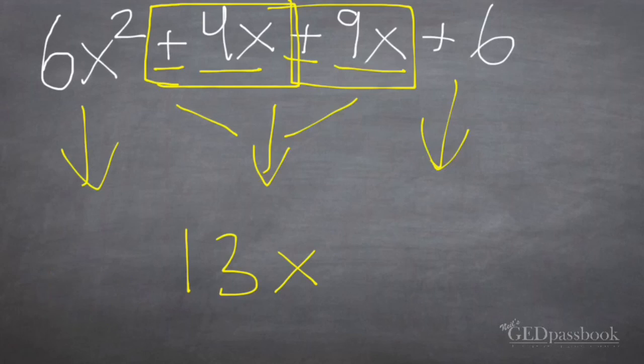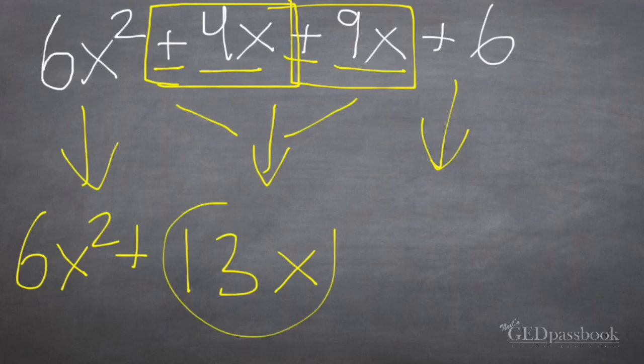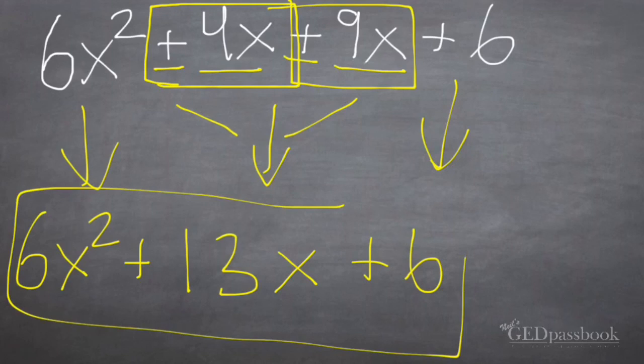Oopsie, let me rewrite that better. Because they cannot be touched or messed with, you just bring them down. It's plus 13x because this is a positive 13x, right? Even though it came out horrible. And then this is a plus 6 that I just brought down, and boom, there's your answer. That's how you FOIL. That is how you multiply a binomial by a binomial. Pretty cool.